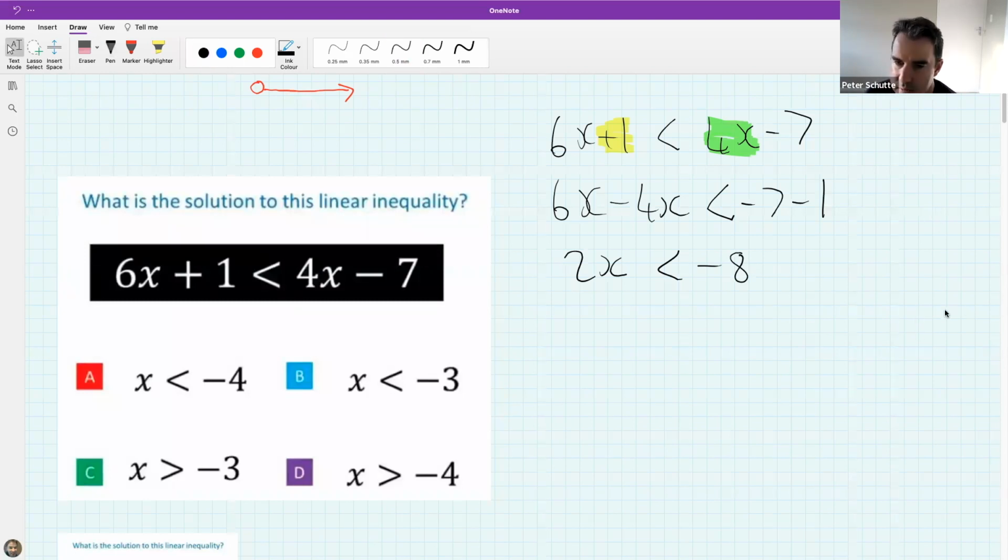Then what have we got here? Divide both sides by 2. I lie. It should be divided by 2, so x is less than -4, which is going to be answer A.